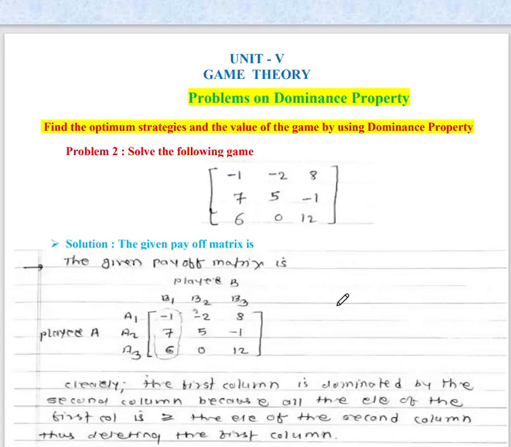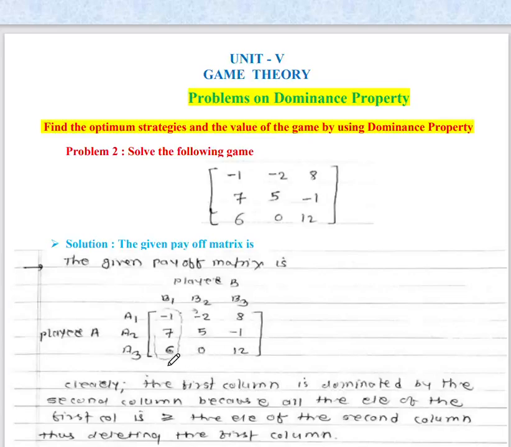Column operation is to select any one of the columns where all the elements of the column are greater than or equal to all the elements of the other column. If you observe here, all the elements of the first column are greater than or equal to all the elements of the second and third columns.